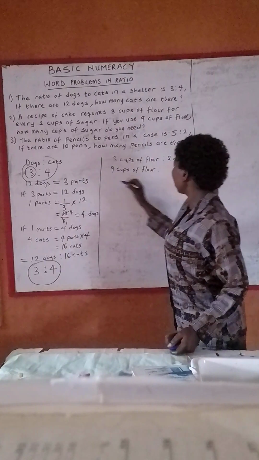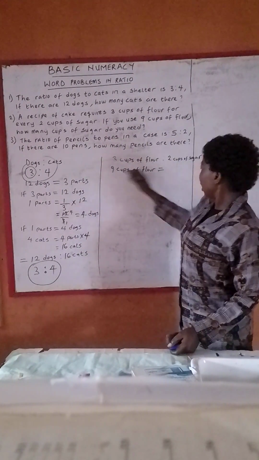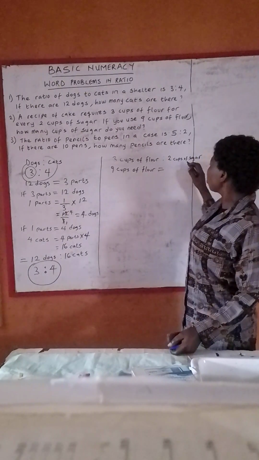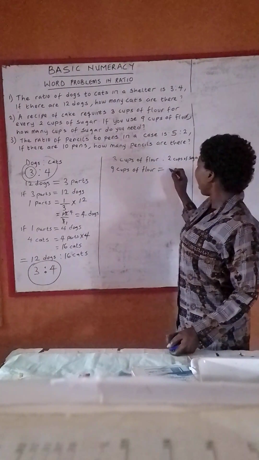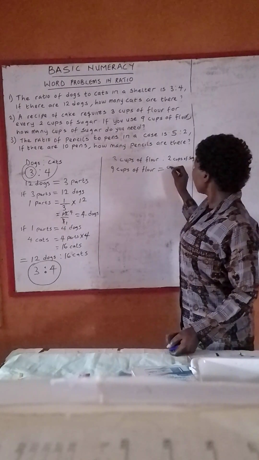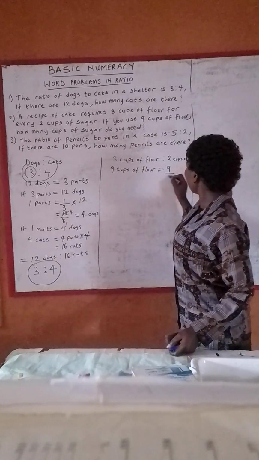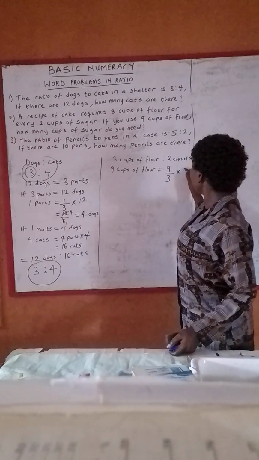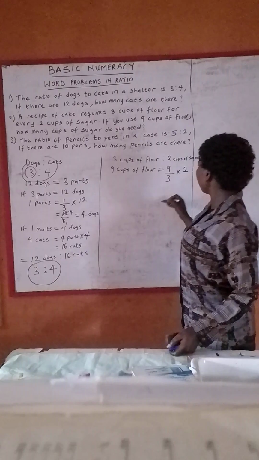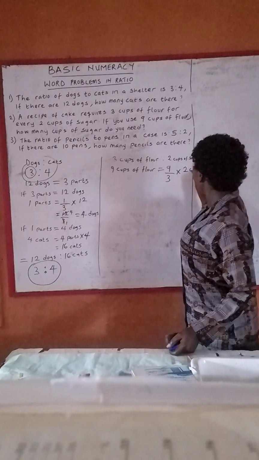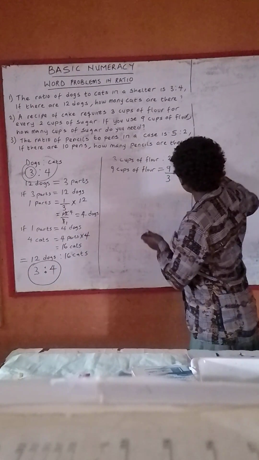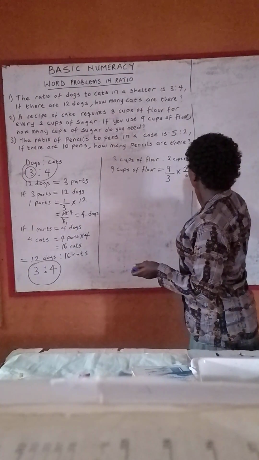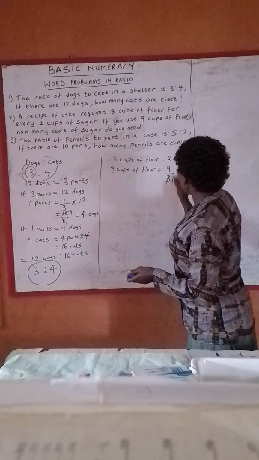All you need to do is this: 3 cups of flour is giving 2 cups of sugar. Now for 9 cups of flour, we do 9 divided by this 3, multiplied by 2 cups of sugar. How many times can 3 divide 9?